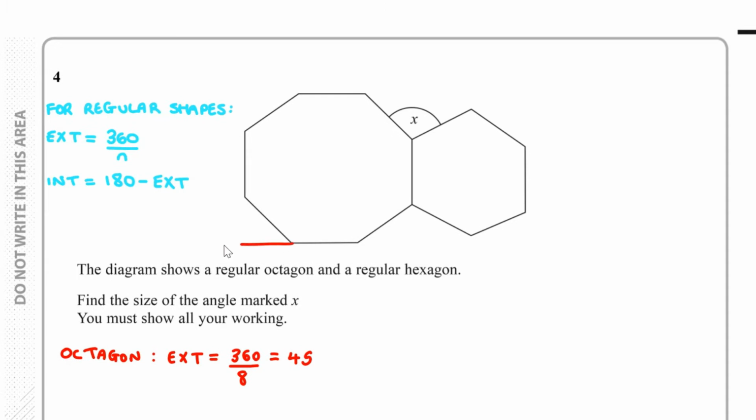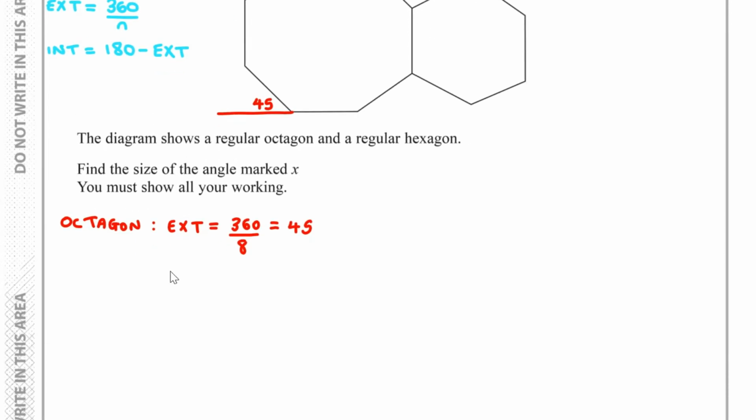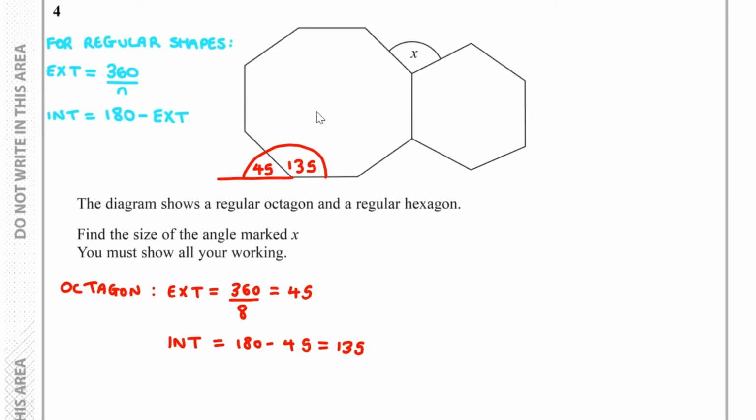So that is this angle over here. We have 45 degrees. And therefore the interior angle is equal to 180 minus the 45, which is 135. So this angle here is 135 degrees. So we have 135 and 145, as we see here.